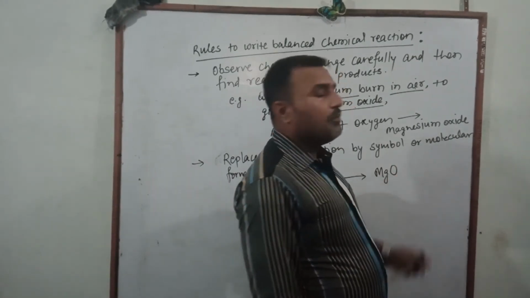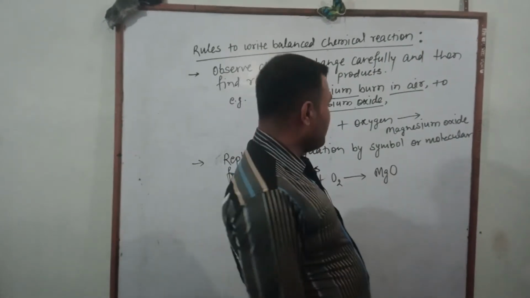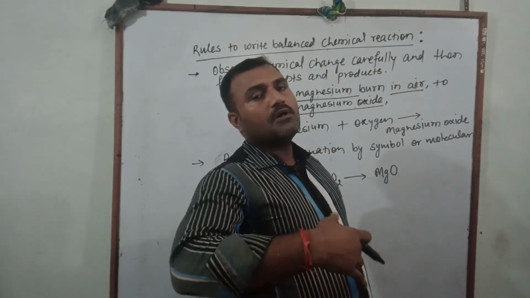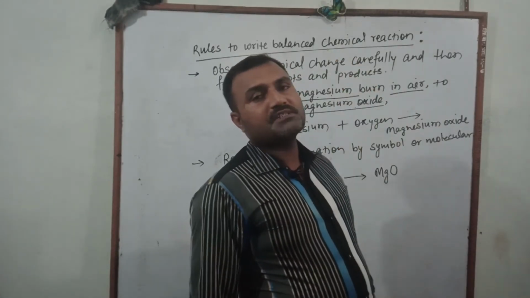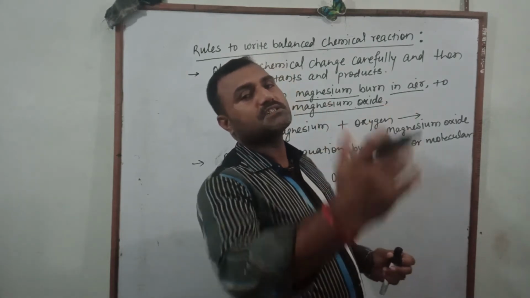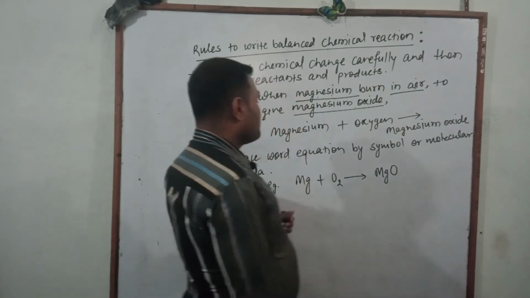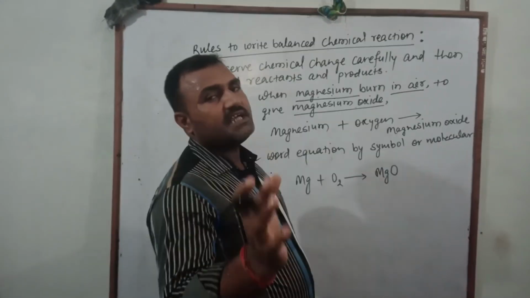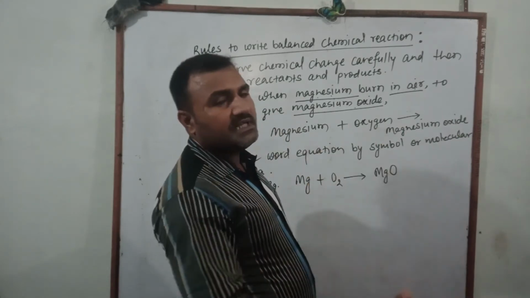Magnesium and oxide both have the same valency, and therefore, according to the crisscross rule that we already discussed in our previous video on how to write a molecular formula by using the crisscross method. Firstly we should know how to write a molecular formula, and only then try to write and balance chemical equations.